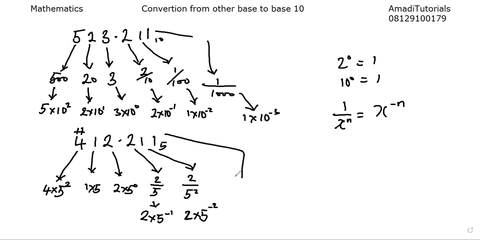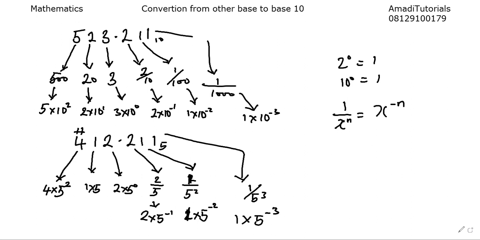And the last one, sorry, here is 1, not 2. The last one is 1 over 5 raised to the power of 3. It's the same thing as 1 times 5 raised to the power minus 3. So if you calculate all these things and add them together, it will give you the equivalent of this number that is in base 5. It will give you the number in base 10.